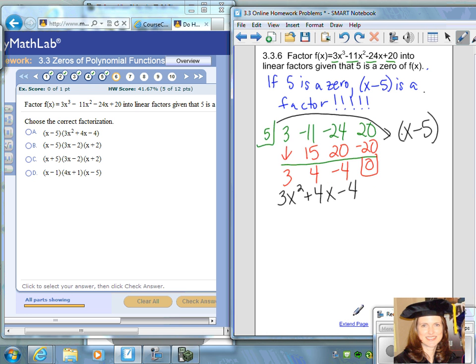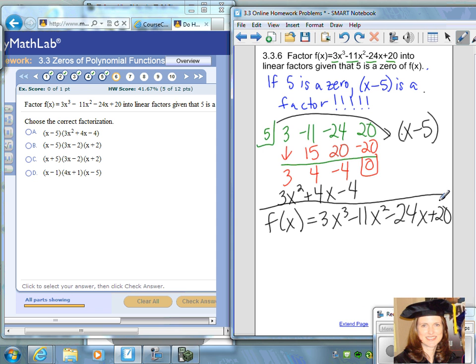So our polynomial function can be factored. Sorry, the original function, the polynomial function, was 3x cubed minus 11x squared minus 24x plus 20.